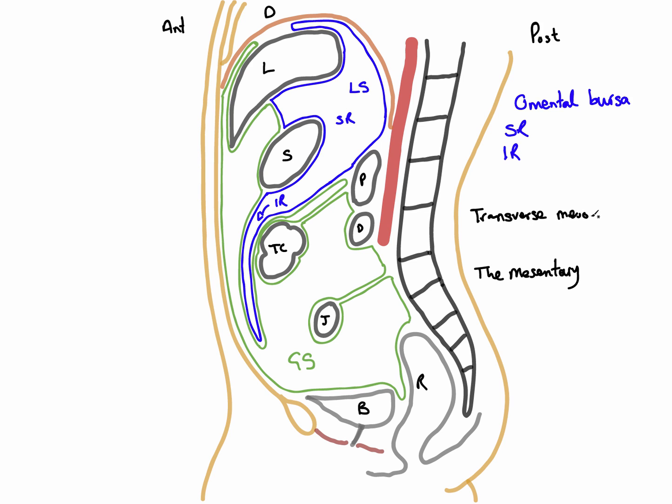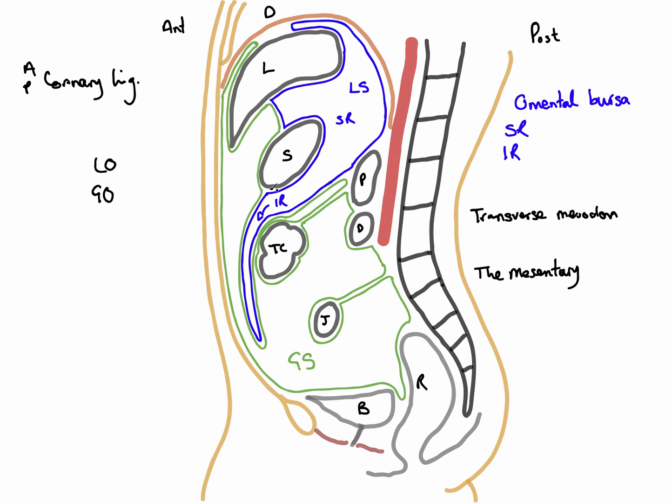Here and here we have the anterior and posterior coronary ligaments. Here we have the lesser omentum. Now the lesser omentum is going to be split into the hepatoduodenal and the hepatogastric ligaments, running from the liver to the first part of the duodenum, which we can't see here, and the liver to the lesser curvature of the stomach. And then we've got the greater omentum.